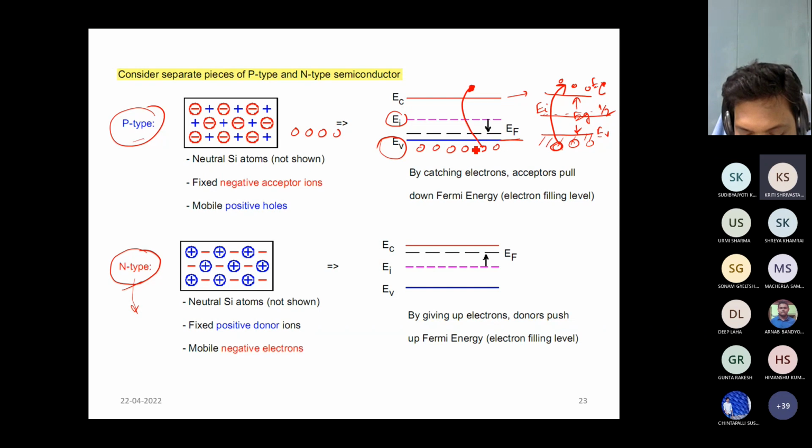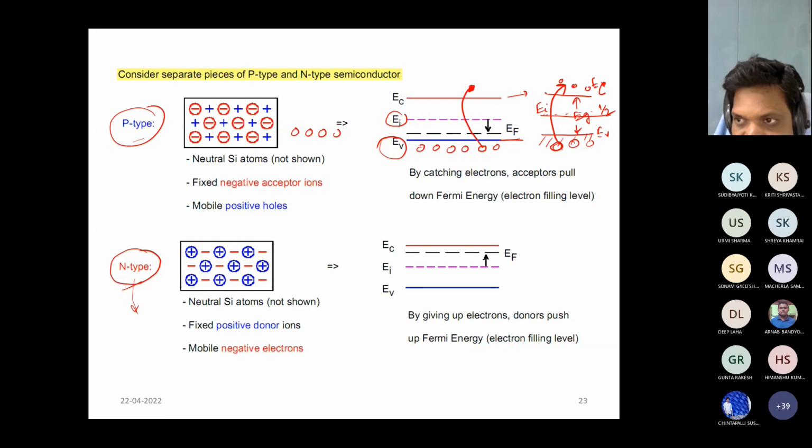Okay. Whenever we dope some acceptor atoms, we are providing some vacant states. An acceptor atom has a deficiency of one electron to complete the covalent bonding. So each atom provides one vacant state, which means you are providing one hole.